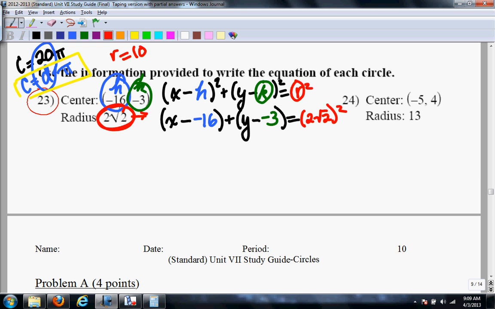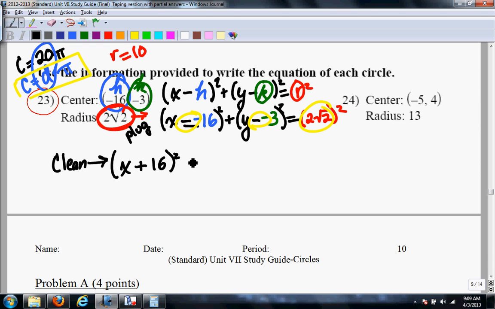Now all we do is that's called the plug. You plug stuff in exactly as you see it. And the last step is to clean stuff up. What I mean by clean up is you just take care of the double negatives here. We take care of the double negatives, and then we simply square this. So our final answer is going to be x double negative, so that's going to be plus 16 squared, y double negative plus 3 squared.